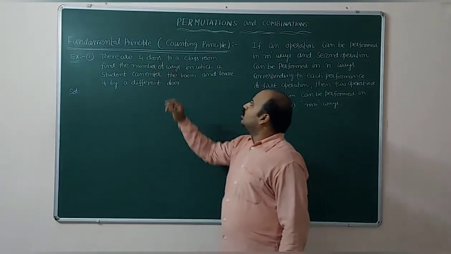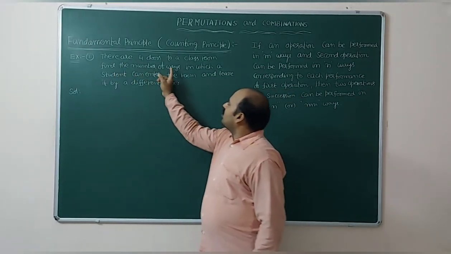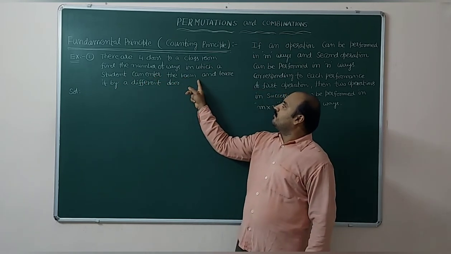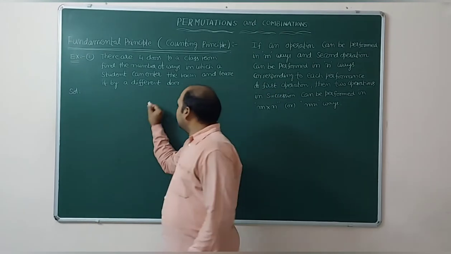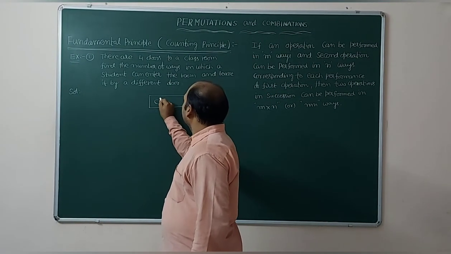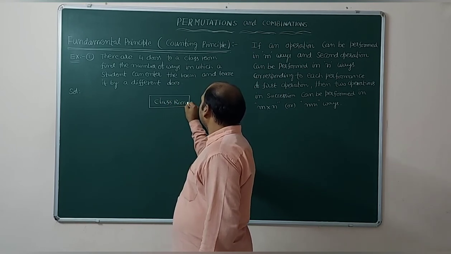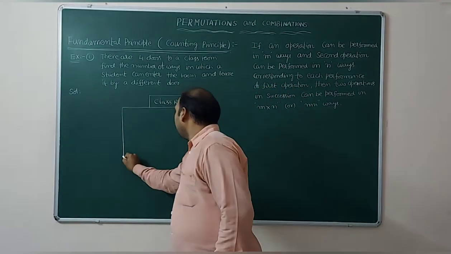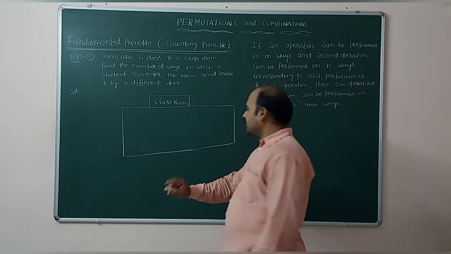There are 4 doors to a classroom. Find the number of ways in which a student can enter the room and leave it by a different door. Observe carefully, dear students.